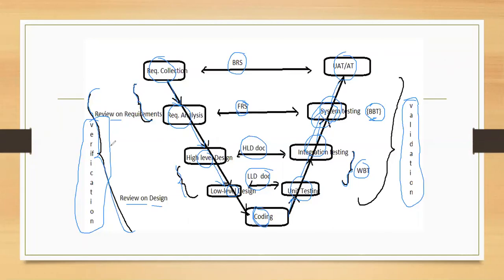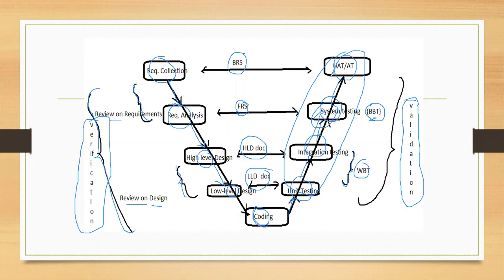Verification comes under the static testing approach. Similarly, after coding, we do testing activities. These all come under validation activities. What is the meaning of validation? It is a process to check whether we developed the right system or not.